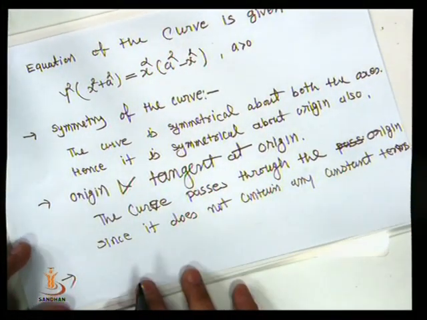Now we have to check the nature of origin, whether it is an ordinary point or a multiple point. This can be done by equating to 0 the lowest degree terms by Newton's method. You can see here in the equation of the curve, lowest degree terms are y square into a square minus x square into a square.